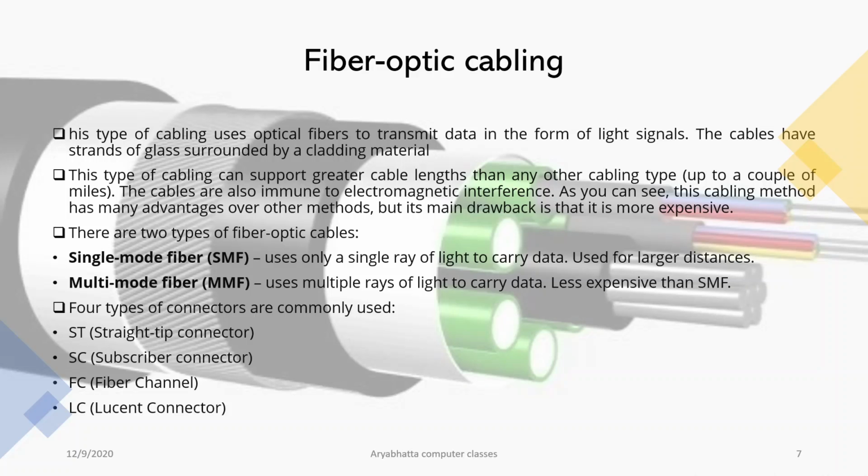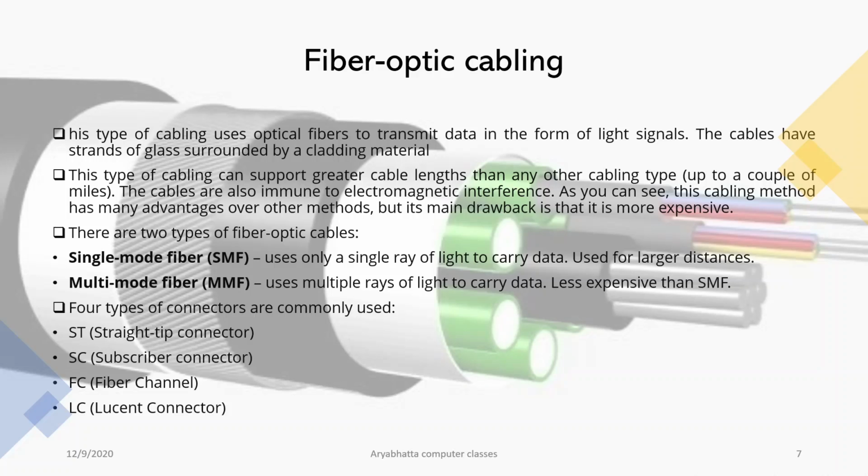As you can see, this cabling method has many advantages over other methods, but its main drawback is that it is more expensive. That means fiber optic cable is more expensive to lay and to implement in a network, so the big ISP providers are affording this cost. There are two types of fiber optic cables.